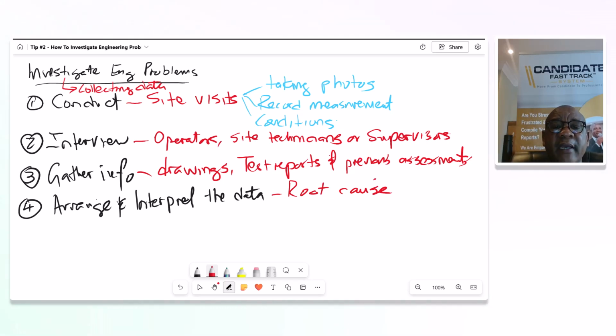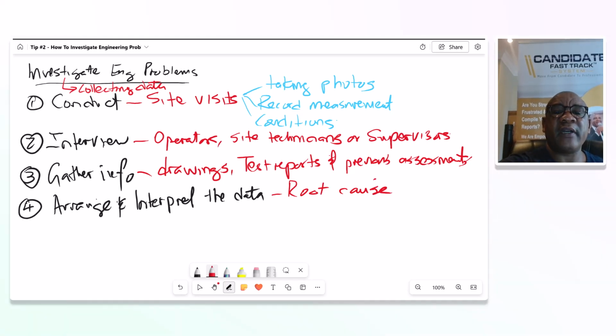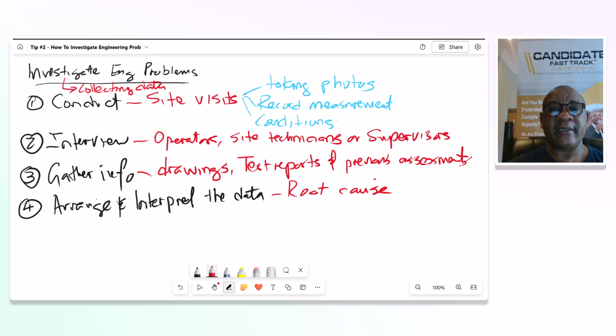Now you need to go back and, to confirm whether this is the root cause or not, you need to interpret that data. You need to look at what you have and discuss it with a senior engineer or senior technologist or whoever is involved in that project, so that we can establish the root cause of the problem.